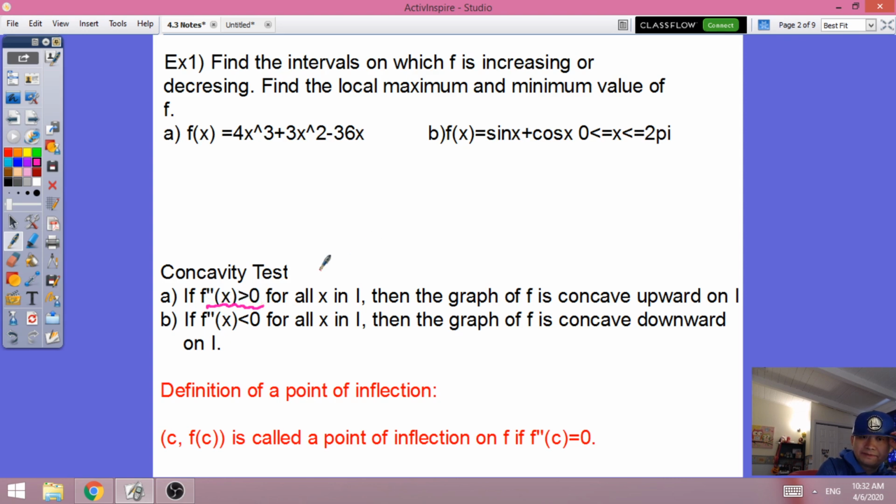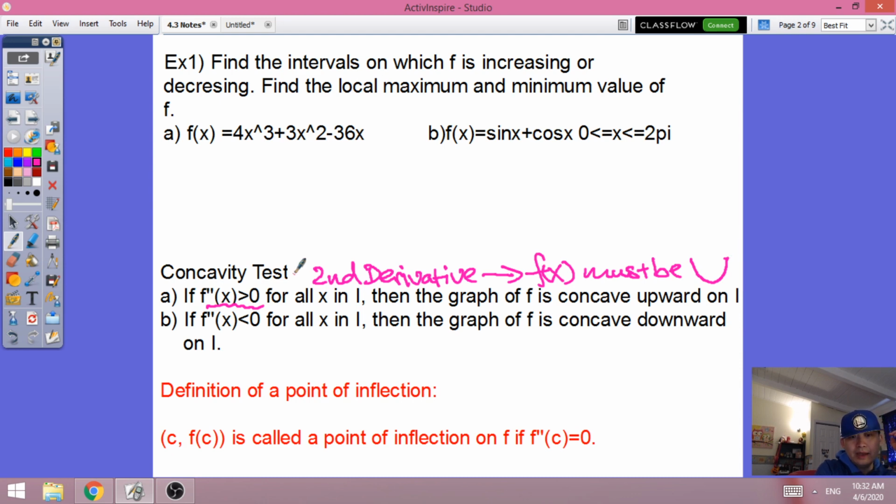So what this is saying is that if f double prime of x, the second derivative, is greater than 0, then f of x must be concave up. If that's concave up, that means facing upward, so it's a happy face parabola. And for the second part of the condition, f double prime of x is less than 0 for all x in I. Then the graph of f is concave downward.